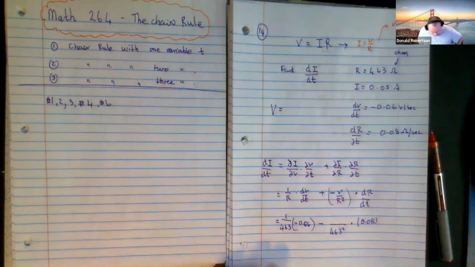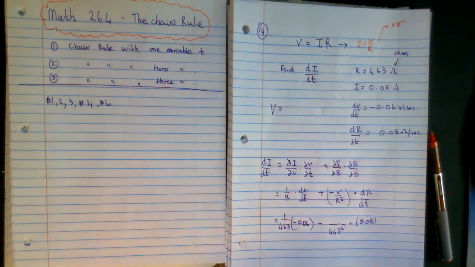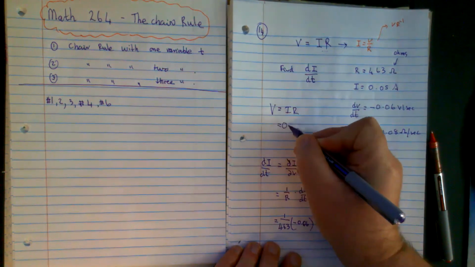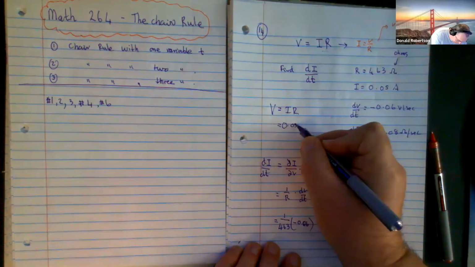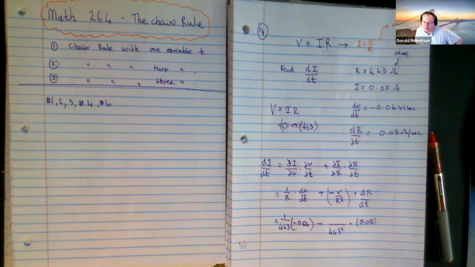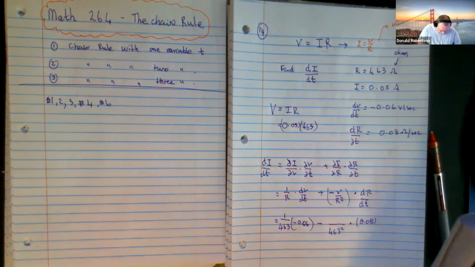How am I going to find the value of V? Use this. It's I times R, so it's 0.05 times 463. Are you all comfortable with where that came from? V is IR. If you tell me I and R, then I can figure out what V is at that snapshot in time.